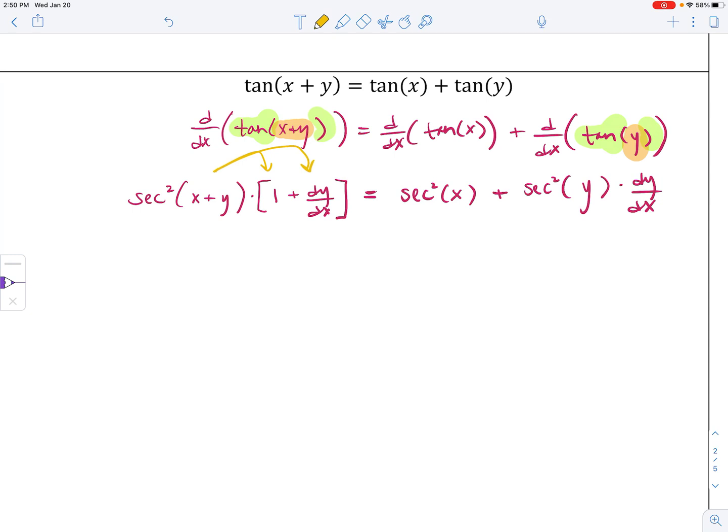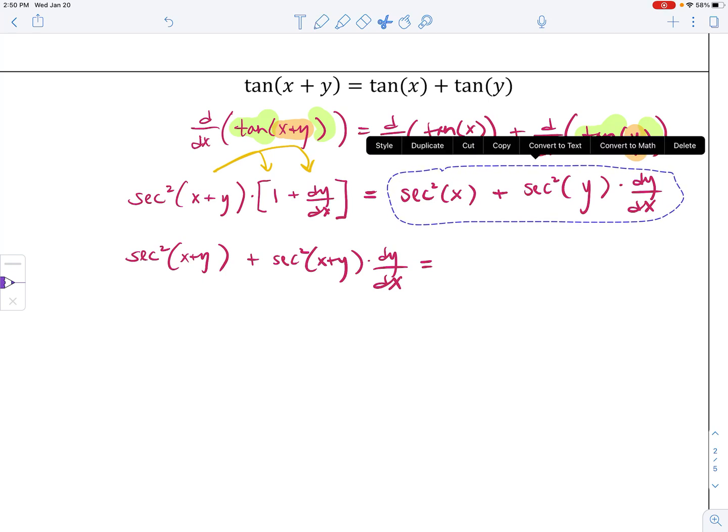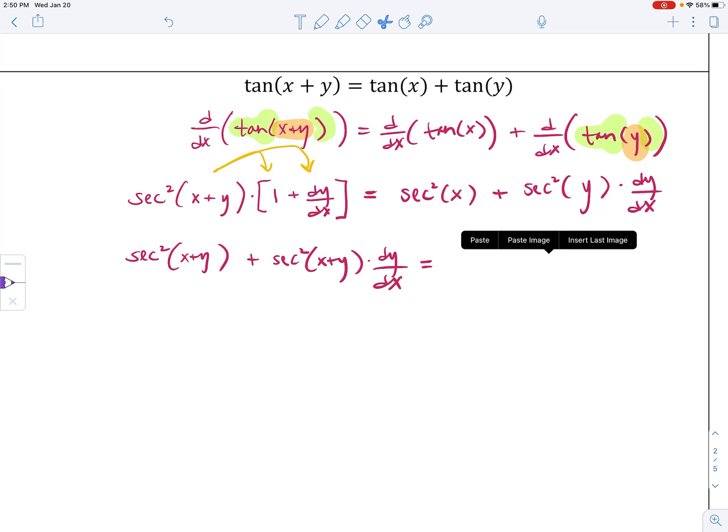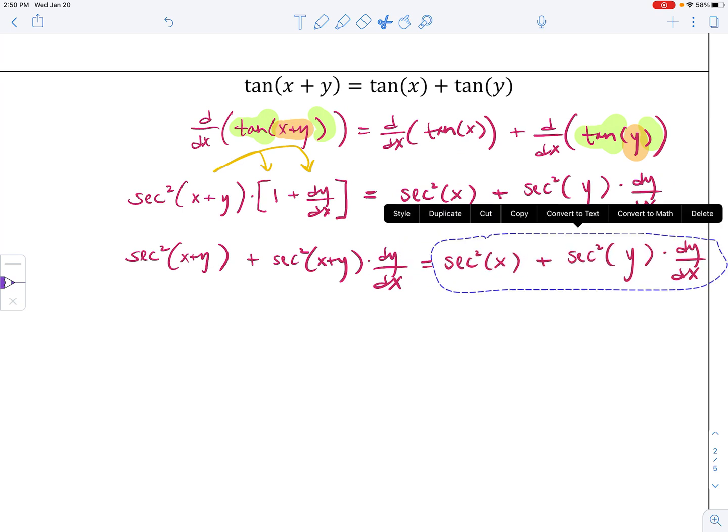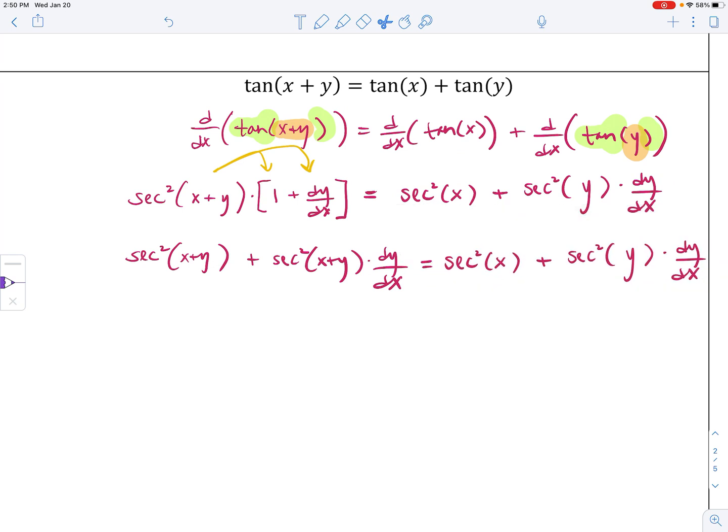Before we can get all of our terms with dy over dx on one side of the equation, we need to distribute the secant squared of x plus y. So that'll be secant squared of x plus y plus secant squared of x plus y times dy over dx equals, I could copy and paste the right-hand side.